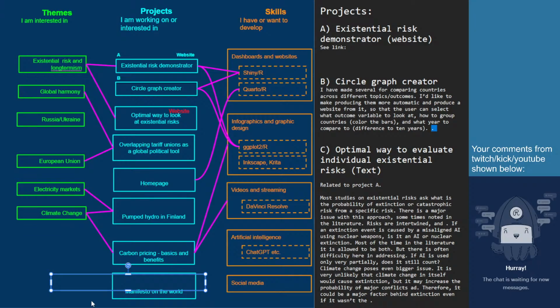If I commit to writing a sentence on each of these, that might increase the threshold by which I decide whether to include a new project in the graph or not.